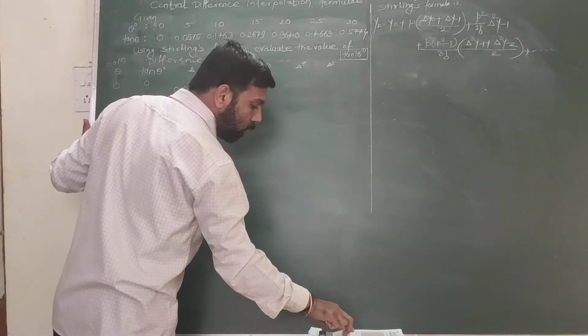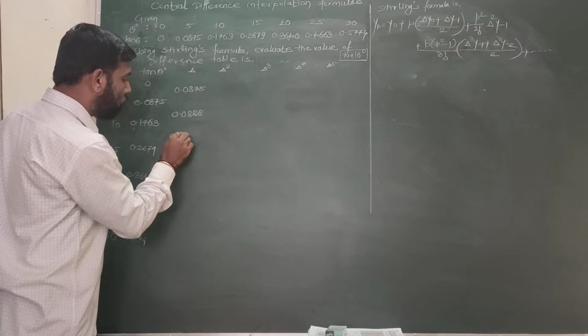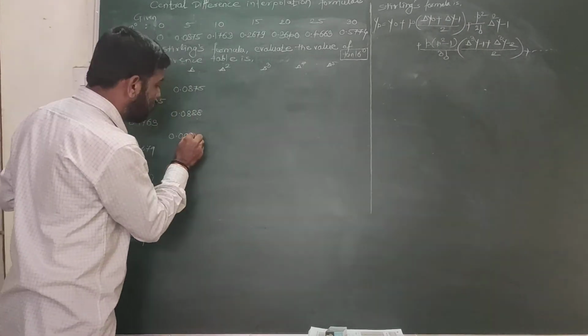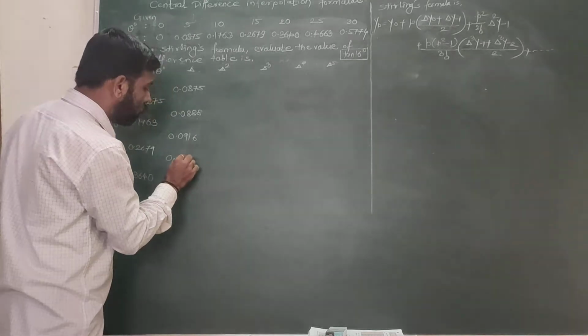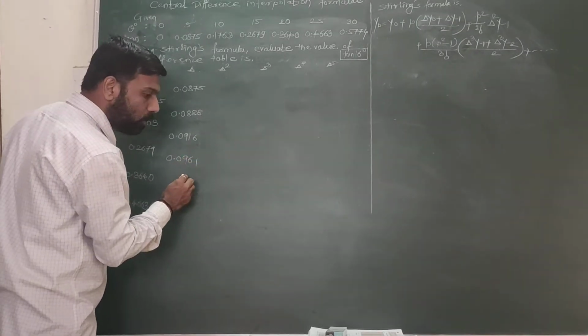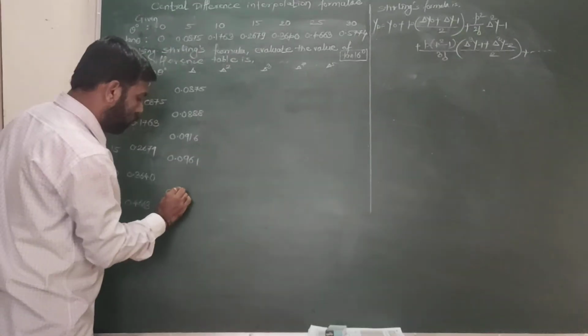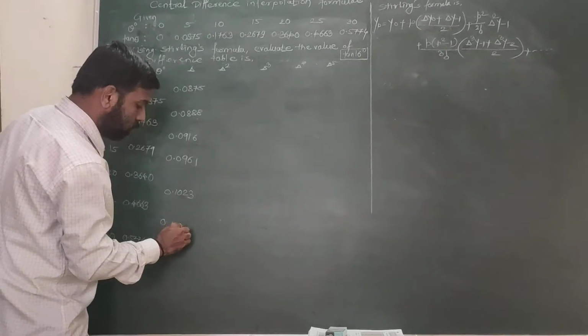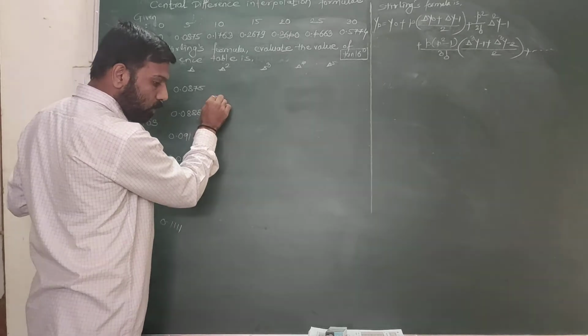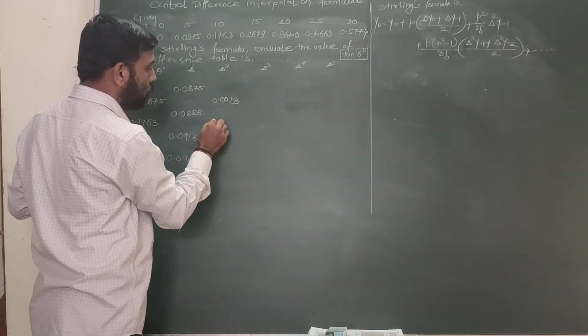I am continuing all these values: 0.0916, 0.0961, 0.1023, next 0.1111.